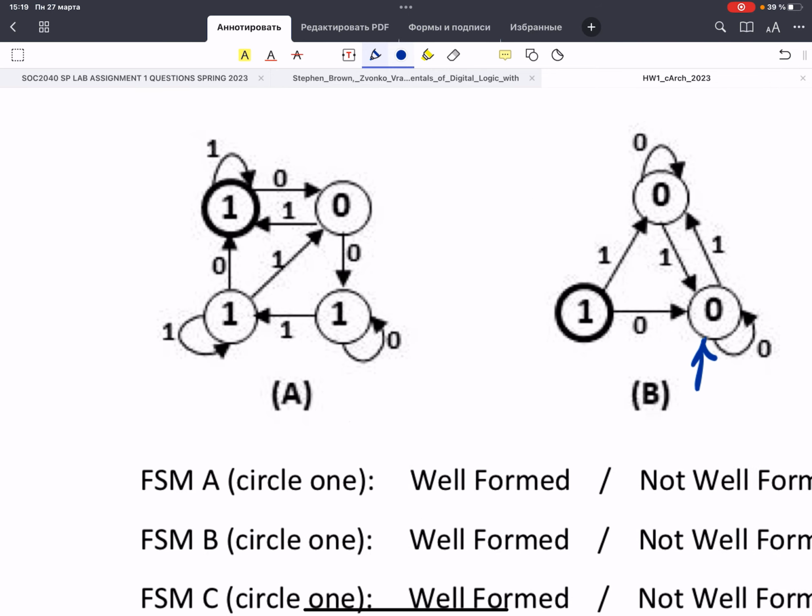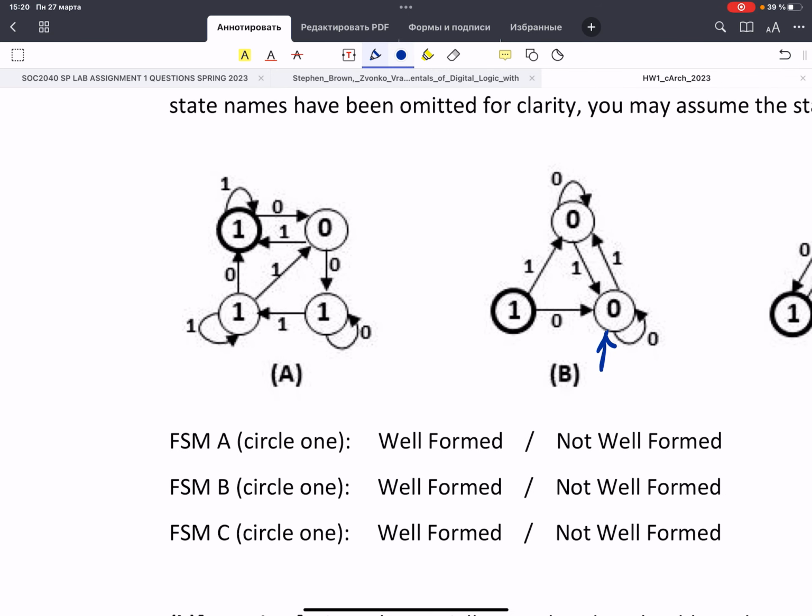Let me zoom in. You see, there is 1, and if the input is 1, it returns to itself. That means if input 1 is given, the next state is again itself. It's a loop, right?